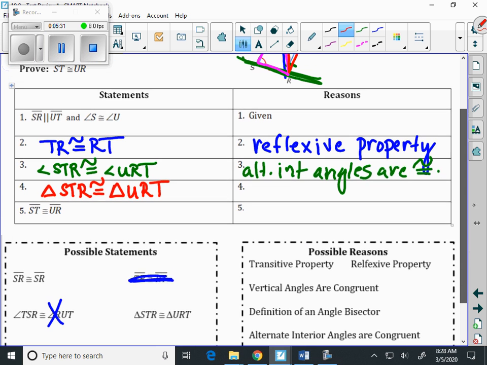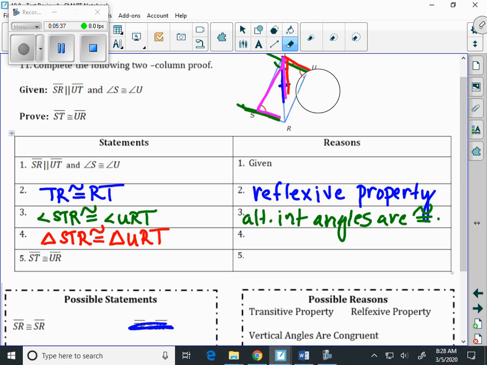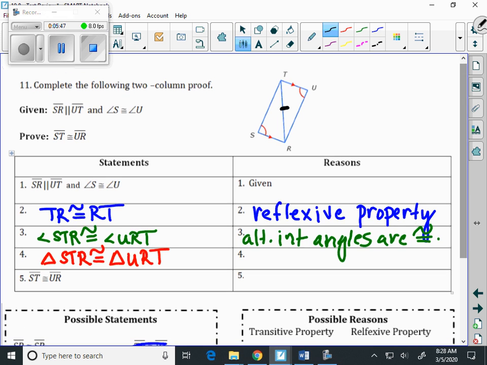And we look back up at the picture and we want to identify why here, and I'm going to erase everything for a minute and just fill it back in so we can really look and determine why. What we said is that TR is congruent to RT, and then we also said that this angle here is congruent to that angle there.